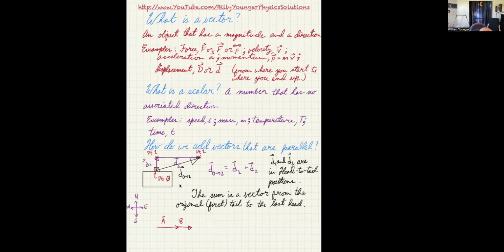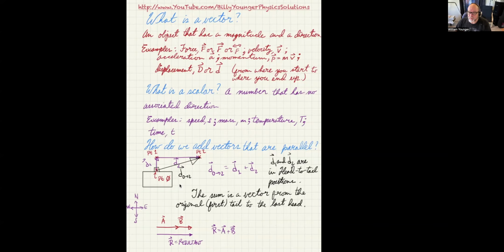Then that part is vector B. And from that, we can see that the vector from here to here is what we call the resultant R. And that's a fancy word for the sum of any number of vectors.